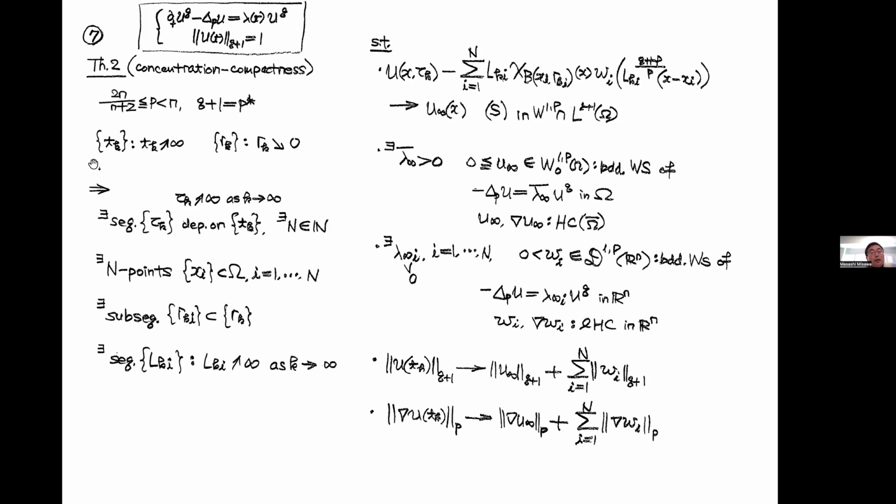We take a time sequence denoted by Tk diverging to infinity, and also the sequence of radii denoted by Rk decreasing to 0.